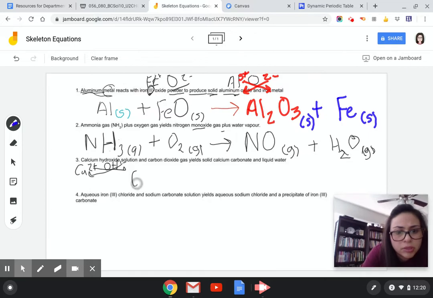So that's going to be easy. We're going to do hydroxide, so we ignore that. And then we have OH. And if we're bringing down the 2 calcium, we got to hug that hydroxide and put a 2 there. Okay, so this is the chemical formula for the calcium hydroxide.